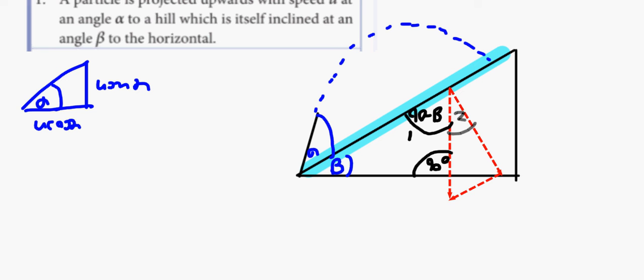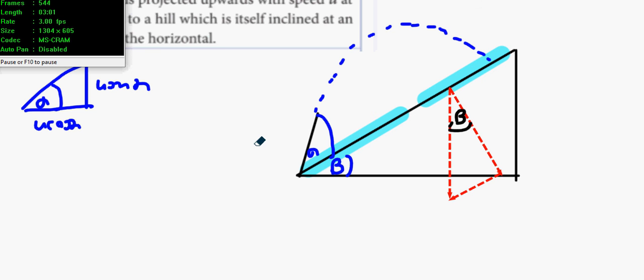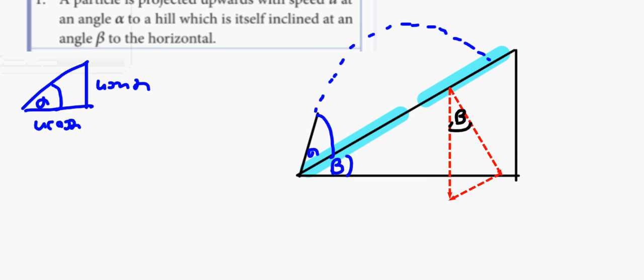This makes angle 2 beta. For those of you who forget, that's how you prove it. But most of you will just learn off by heart that it's always the same as the angle of the plane. Now, nextly, gravity: g cos beta and g sine beta.